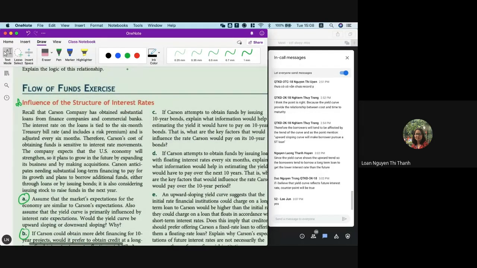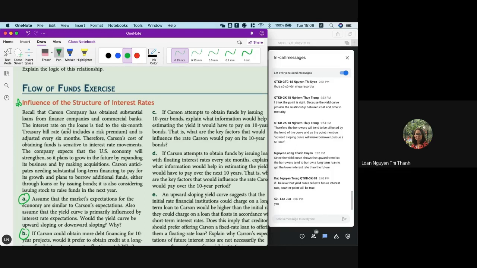Now we come to the flow of funds exercise. Again, the Carson company. You recall the influence of the structure of interest rate. Recall that Carson company has obtained substantial loans from a finance company and a commercial bank.